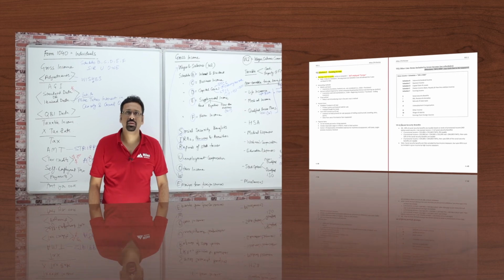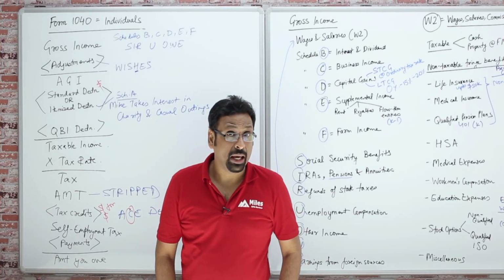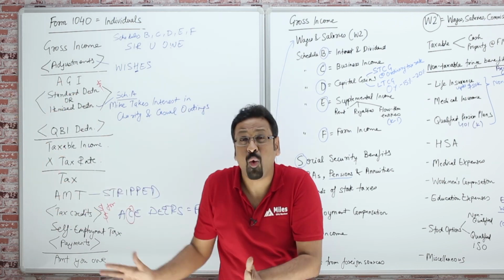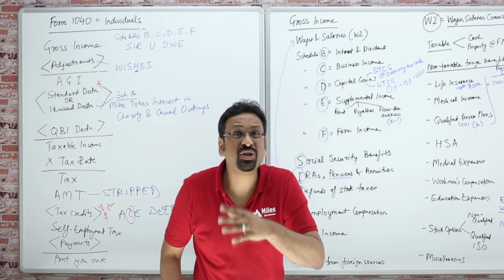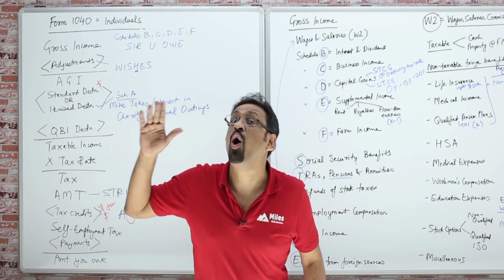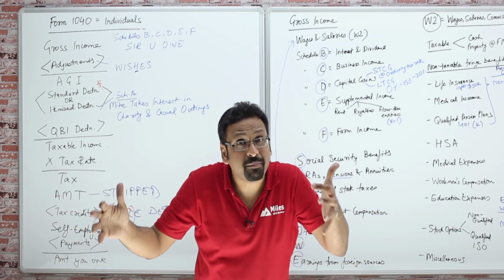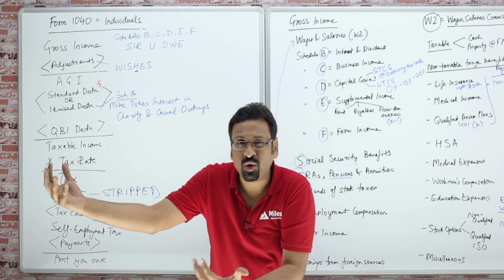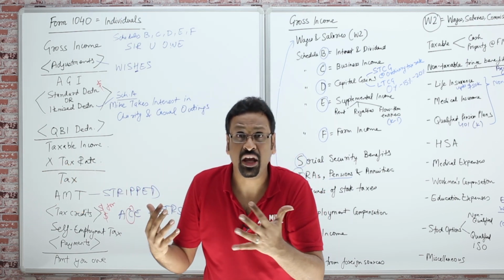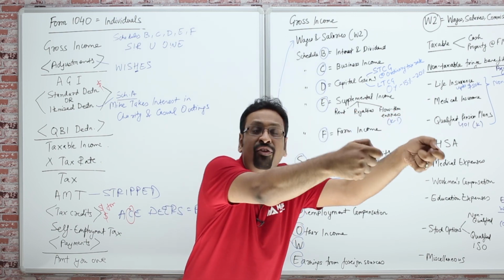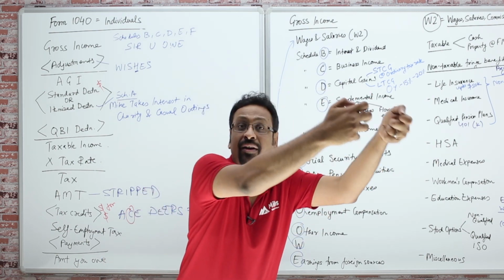Uncle Sam imposes payroll taxes on all the salaried guys working. He imposes self-employment tax on the self-employed guys. Now, using all the money that he gets from those payroll taxes and self-employment taxes, he gives out social security benefits to those who are retired.